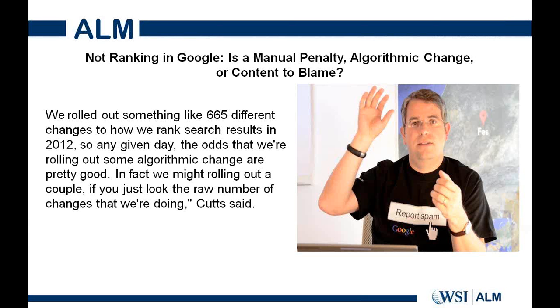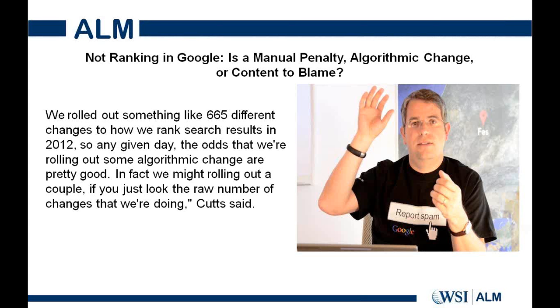So what Matt Cutts basically said was that if it is an algorithmic change, then it's very tough for you to decipher that, because he says that there were over 665 different changes rolled out in 2012. And then 2013 was no different. I think the number of minor and major changes that were rolled out was over 400.